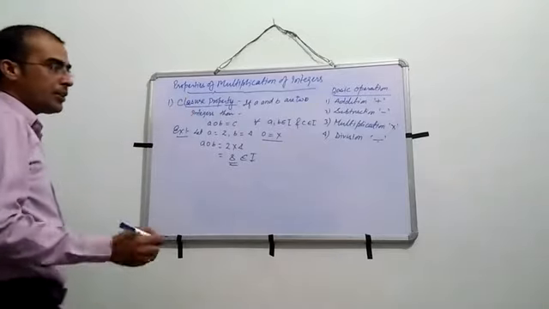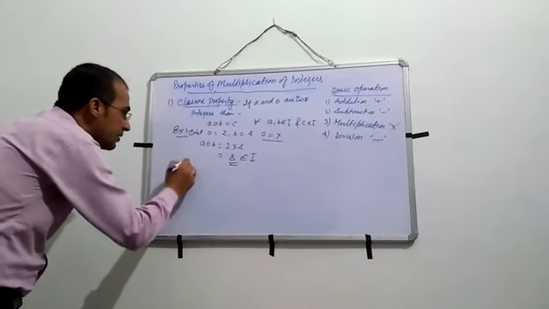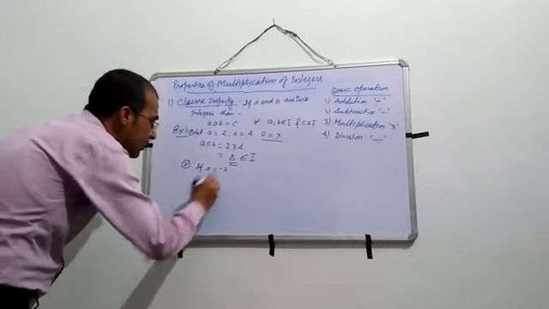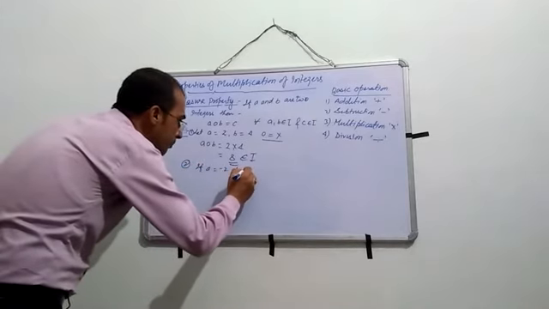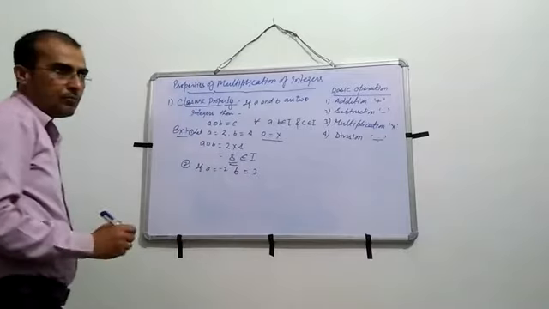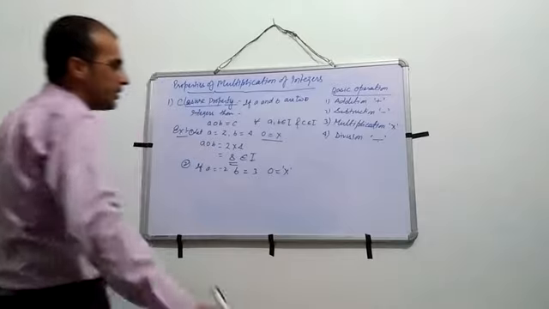You can take the negative sign also, no problem. Suppose this is the first case, the second one you can take: A equals -2 and B equals 3. The operation is multiplication.